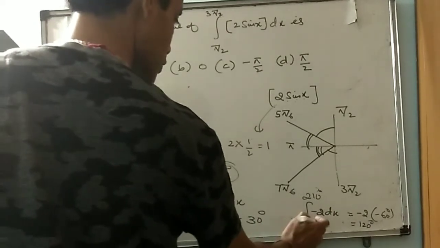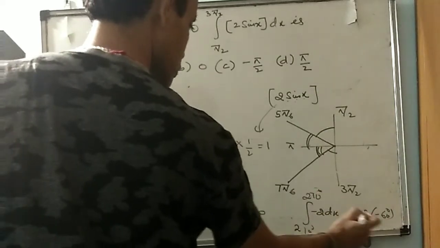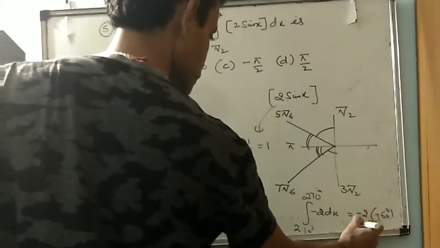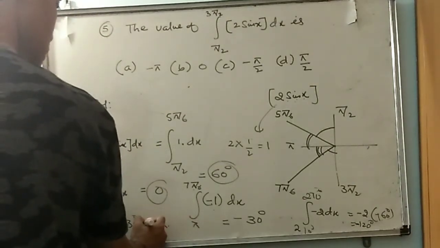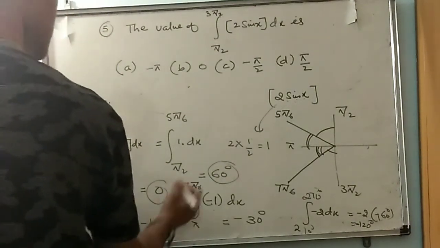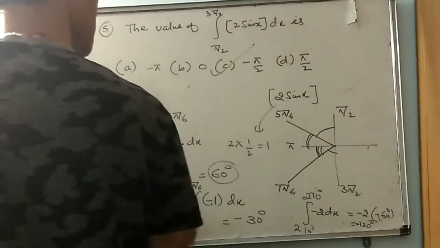So it is minus 120. So 30 minus 120, that is minus 90. Minus 90 is the right option.